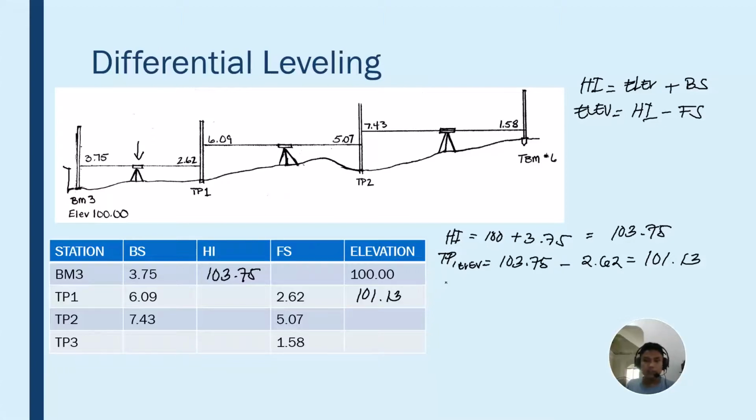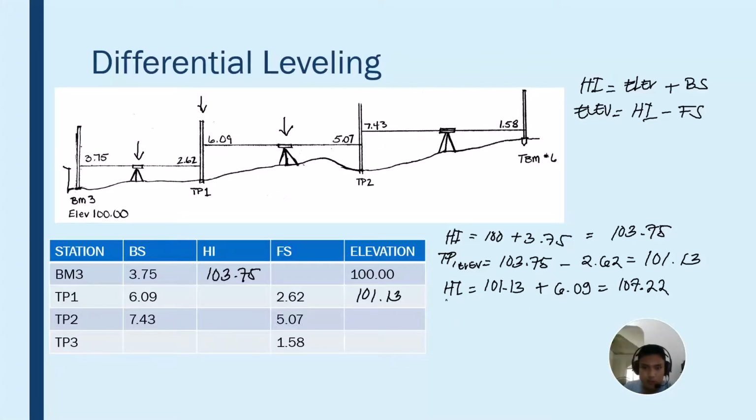For the next height of instrument, at this point, the height of instrument is equal to the elevation of the previous station right here for TP1, which is 101.13, plus the backside reading of 6.09. So add 6.09 to 101.13, 107.22.